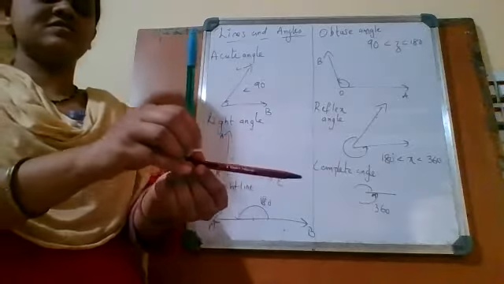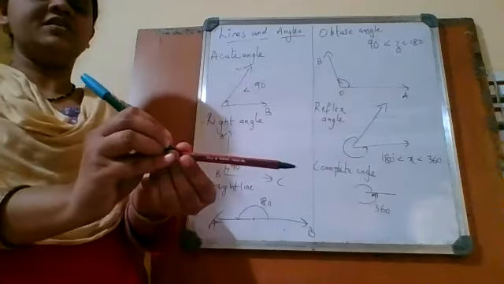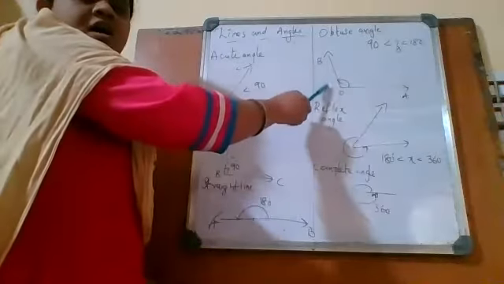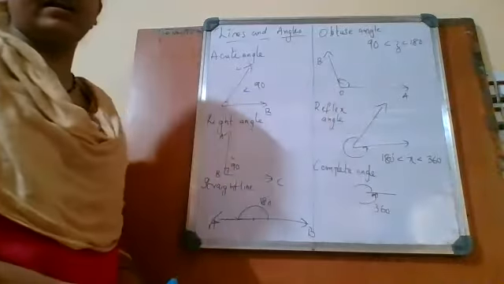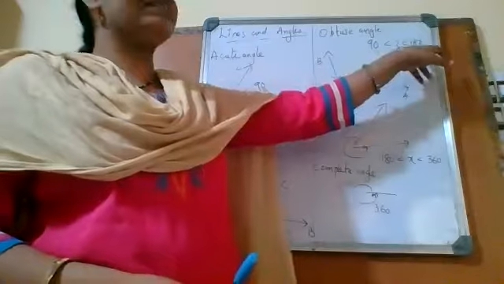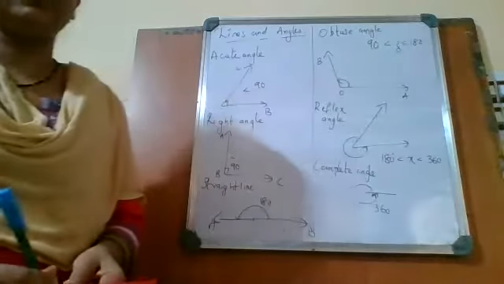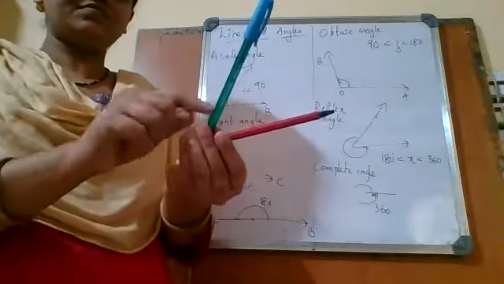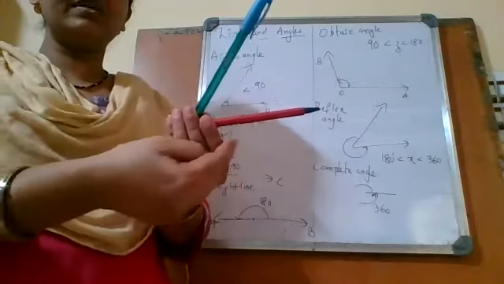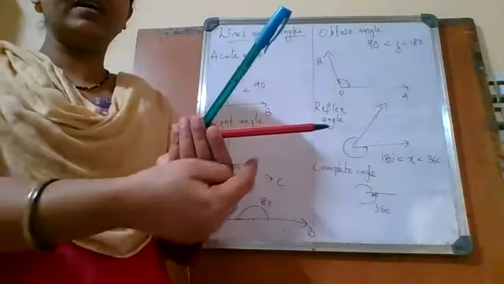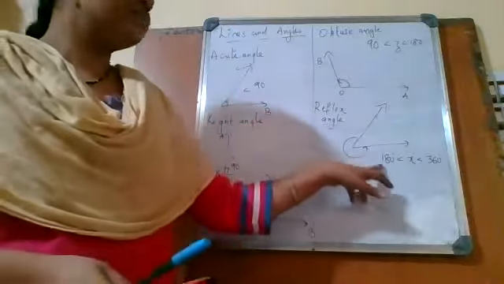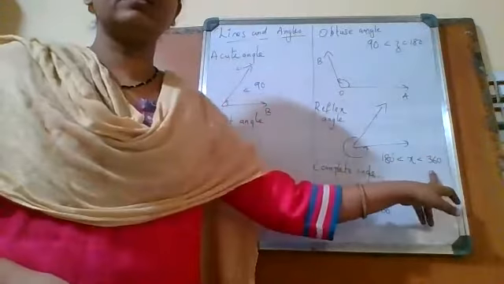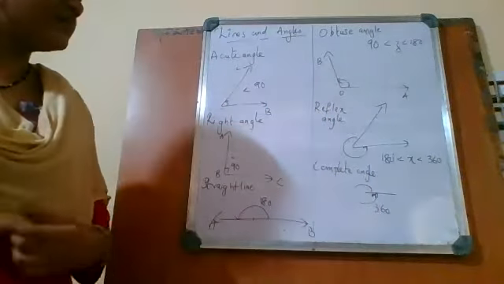Next, just bend this side from 90 degrees. It is more than 90 degrees. More than 90 degrees and less than 180 degrees is called an obtuse angle. Next, reflex angle. From here to here, between 180 and 360 degrees, is called a reflex angle.